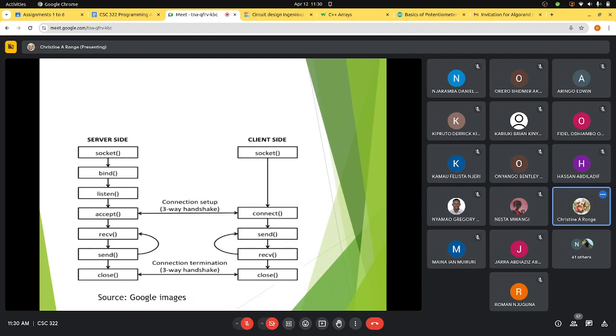And so it will receive the message, and it will try to understand what is being requested. If it's being requested for a web page or whatever, it will get it, and then prepare it for transmission. And then once it has prepared it for transmission, it will send it to the client. And then it will go back to receive, still on the connection, remember, still on this connection.